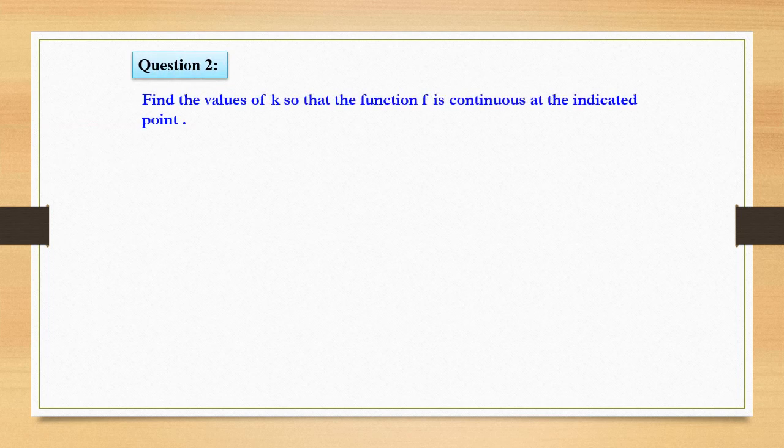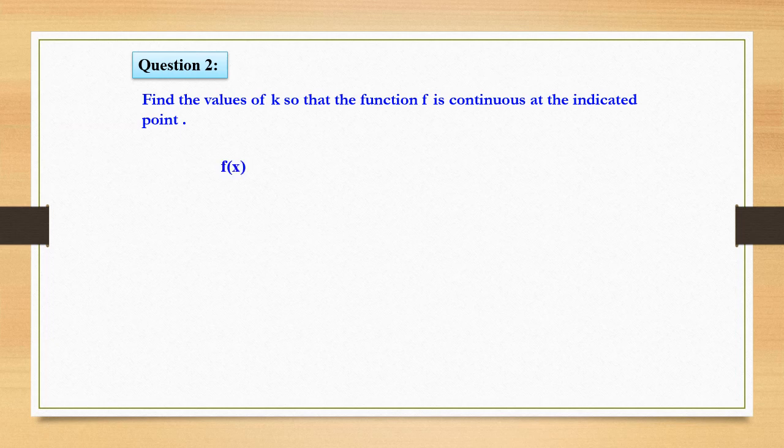Next, we will discuss the second example, similar pattern. Find the values of k so that the function f is continuous at the indicated point. So we need to find the value of k where the function is continuous.